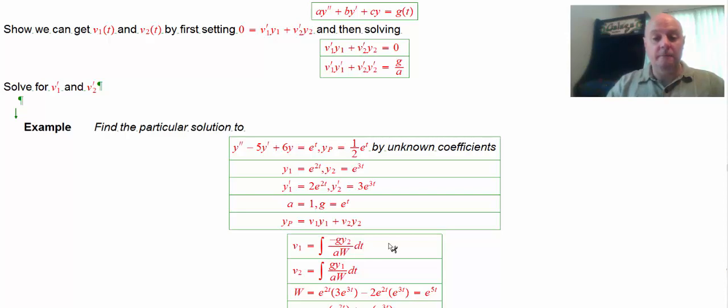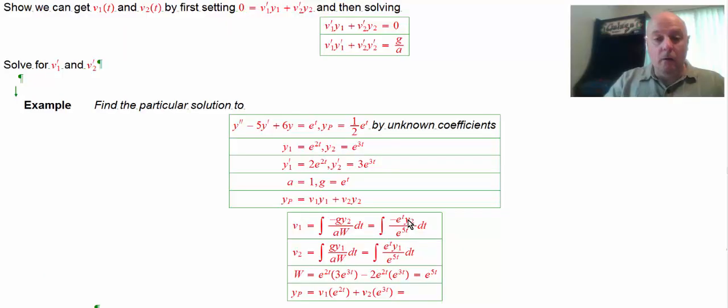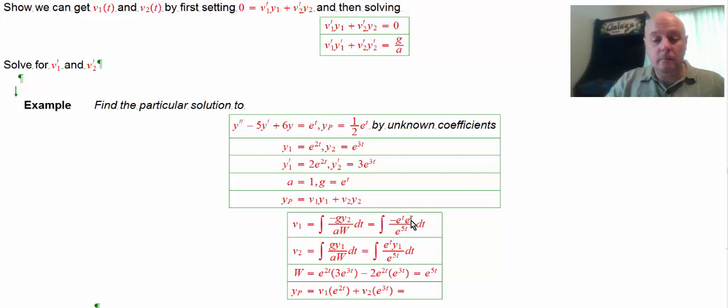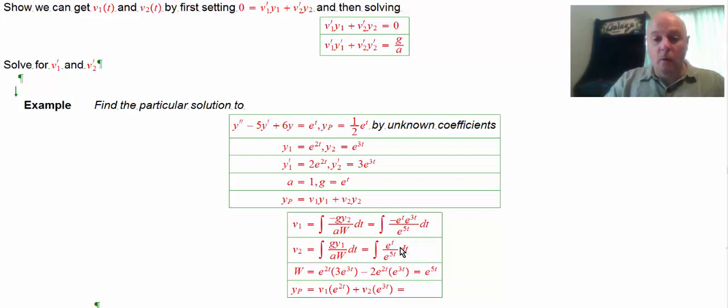So let's set up our functions here. Our y2 is e^3t, and our y1 is e^2t. So now we put in all the pieces.